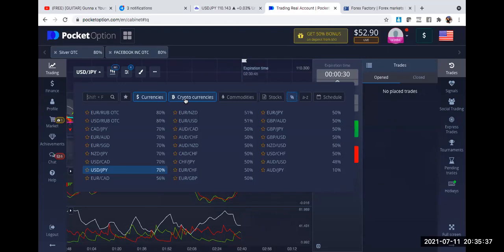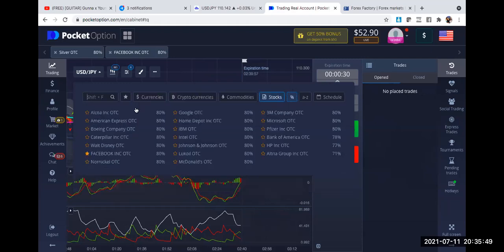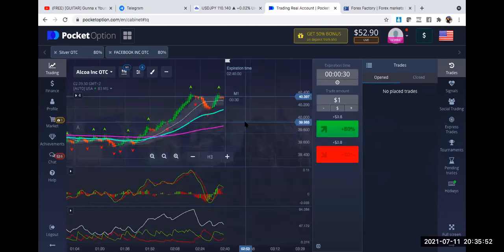My main problem is following the trend. If it's in an uptrend, of course I would rather continue with the uptrend versus looking for a counter trade and then getting spiked out because that wasn't the correct move.